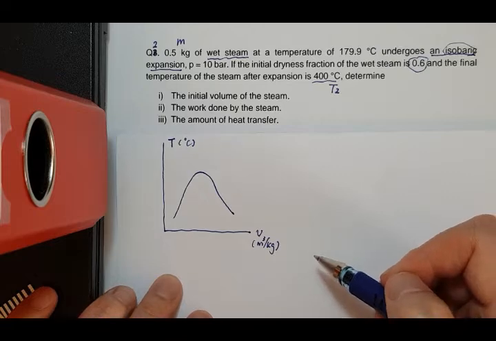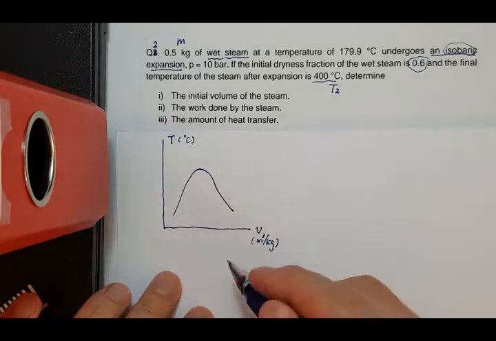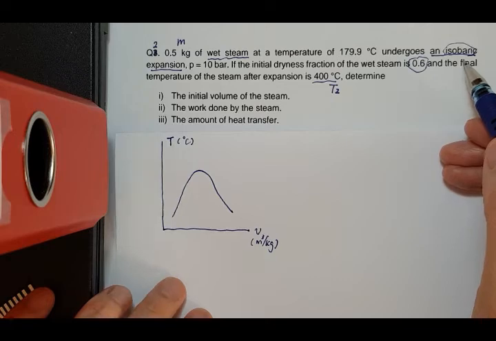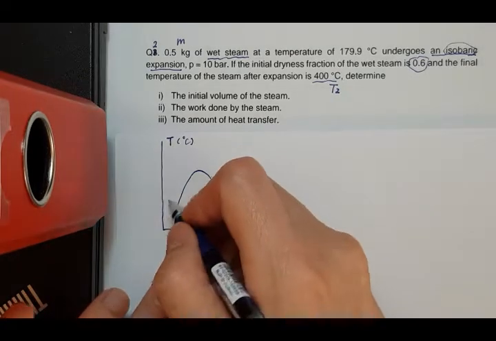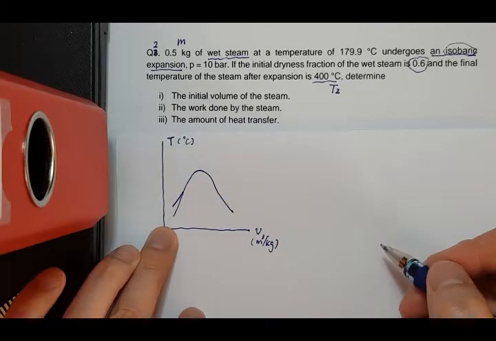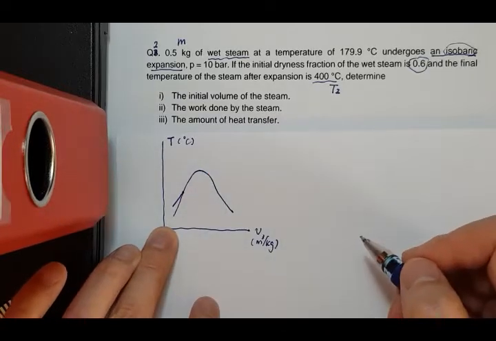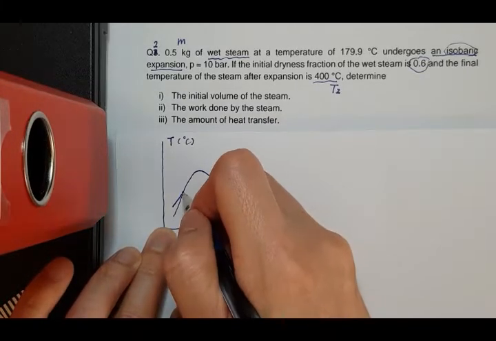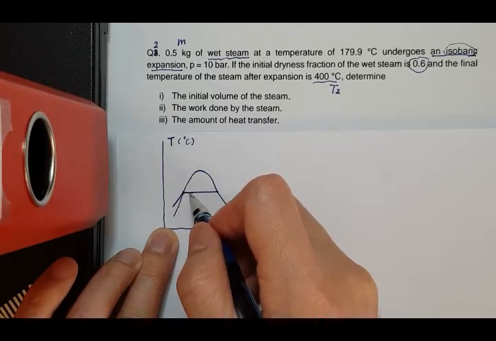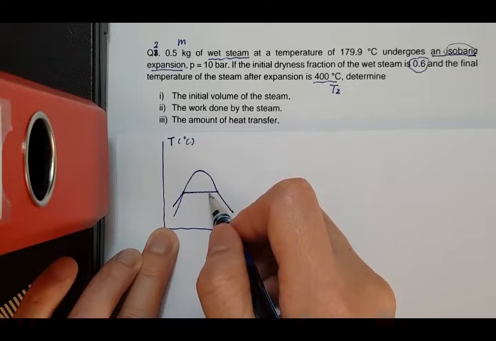So what we're going to do is plot this process on this T-v diagram, and because this is isobaric, a constant pressure process, we have a steep increase to this point, which represents saturated water, and then we have a platform like that. This is the evaporation process, and anything here represents a wet vapor.